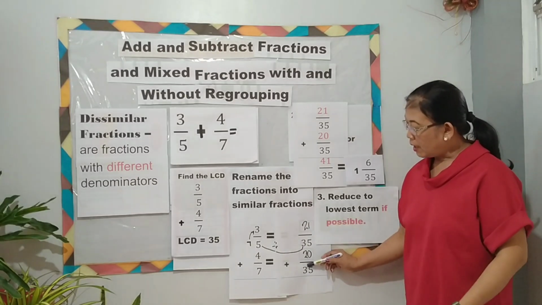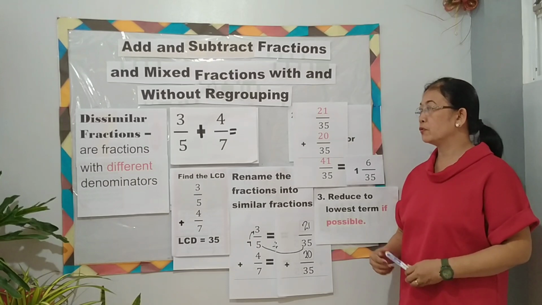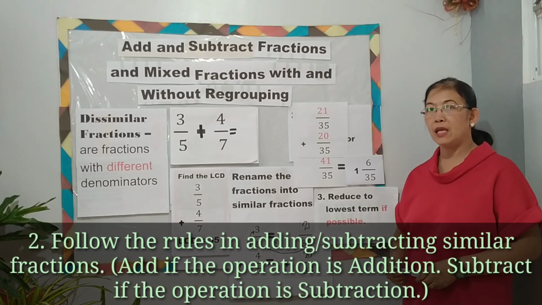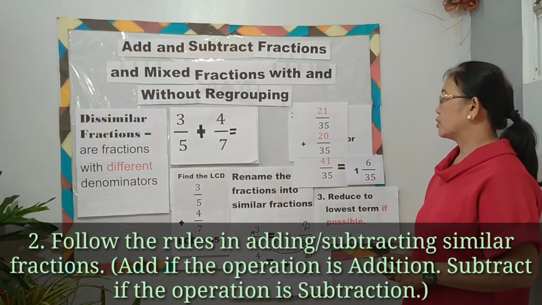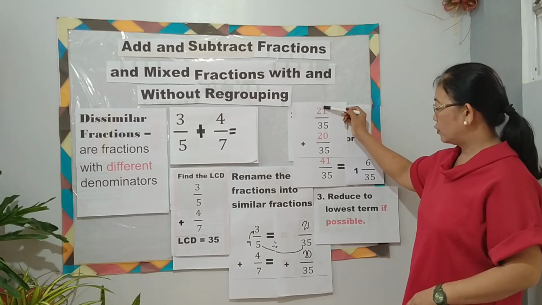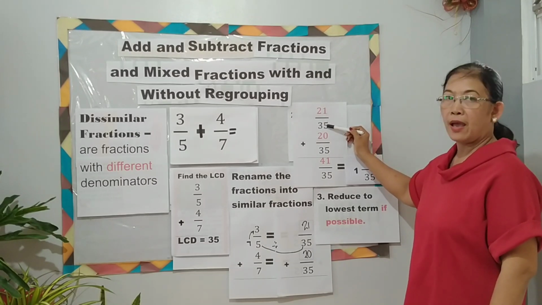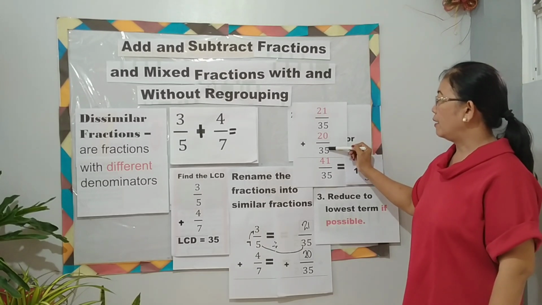Then if you are now in this portion, all you have to do is to follow the rules in adding or subtracting similar fractions. So how are you going to do this? Here, you have 21 over 35 plus 20 over 35.